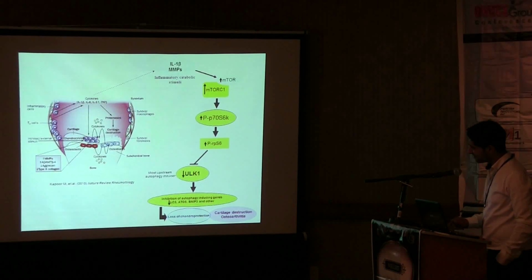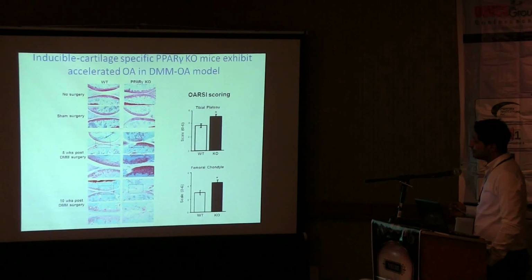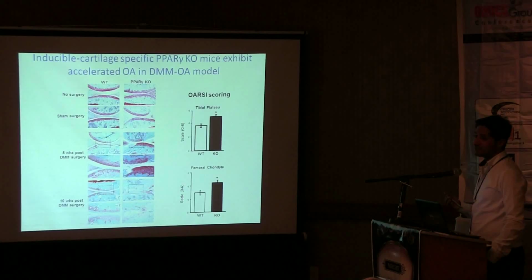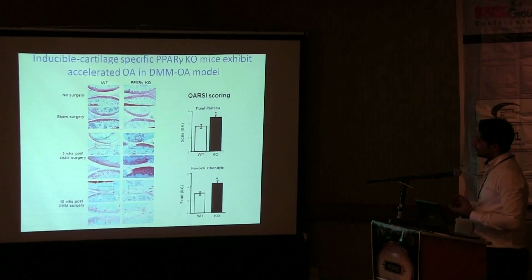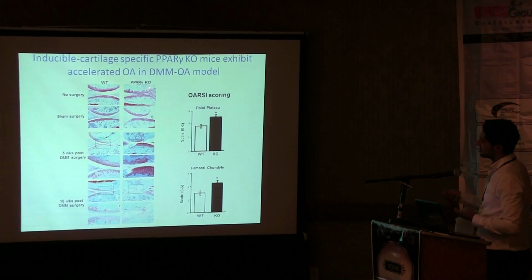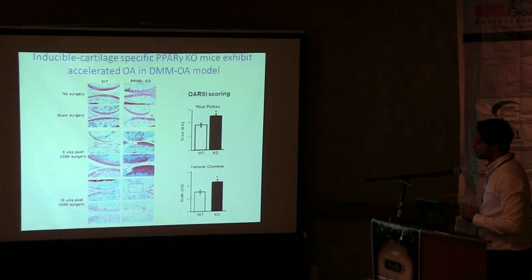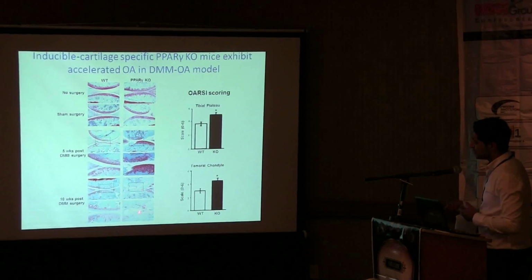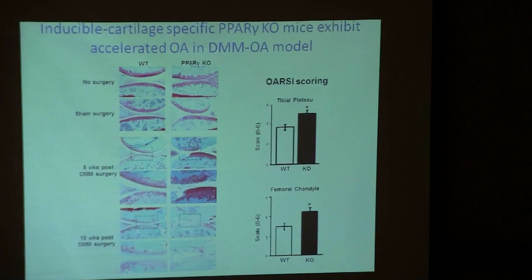So we haven't stopped here, and we have gone a little bit further with understanding what could be directing mTOR in the articular cartilage. A few years ago, we were interested in this factor called PPAR gamma. It's a transcription factor, and when you take PPAR gamma knockout mice and look at the osteoarthritic process, the knockout mice exhibit accelerated OA compared to the wild-type mice, and this phenotype becomes more profound as the surgery time increases.